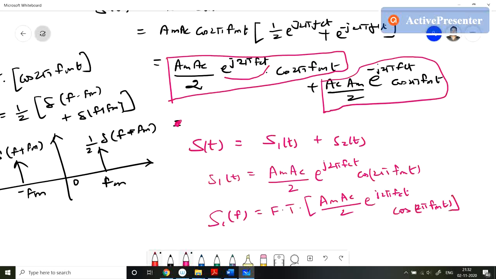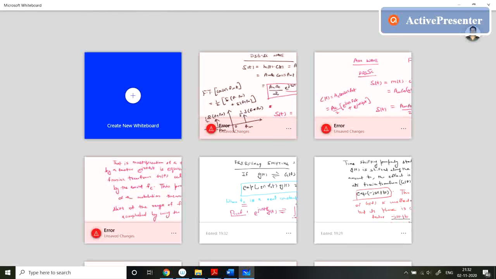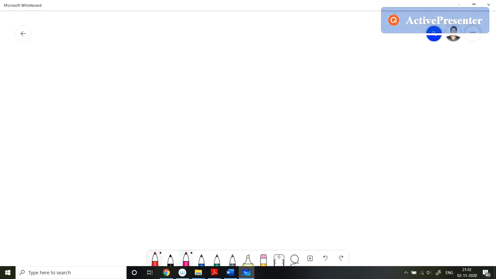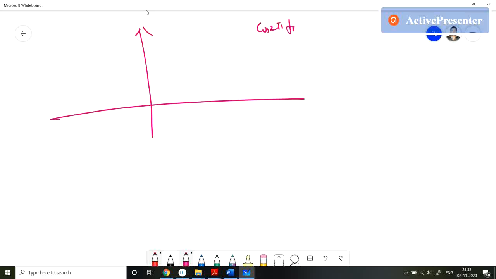So let us find the Fourier transform of this term. We have the Fourier transform of cos 2πfm t.